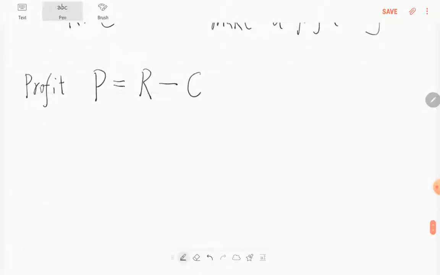If P is less than 0, so that means the cost exceeds revenue, then the company loses money. If P equals 0, then we say the company breaks even.